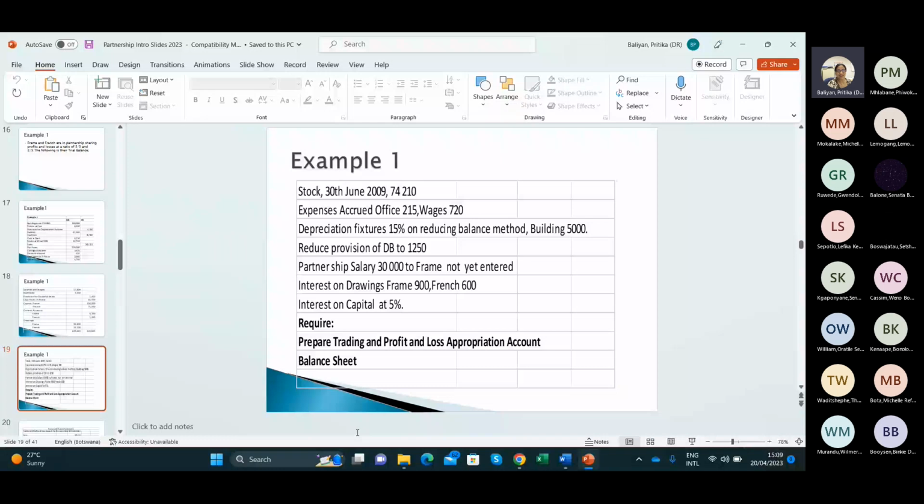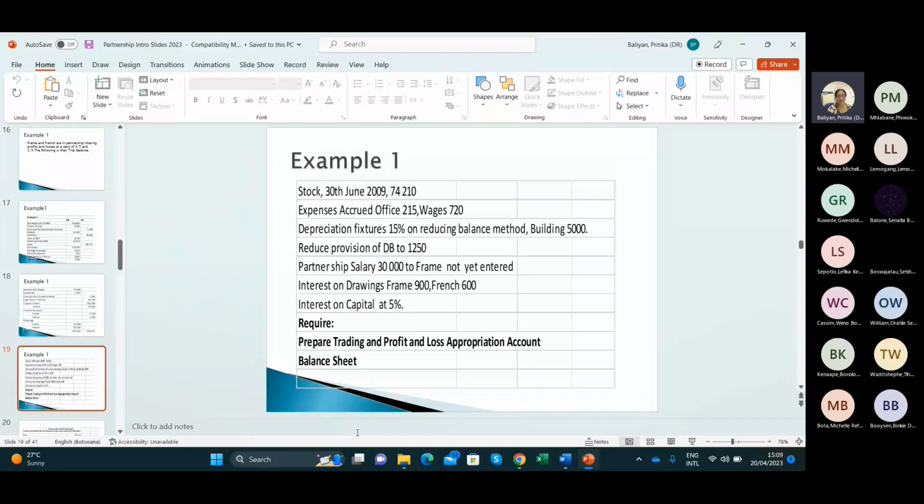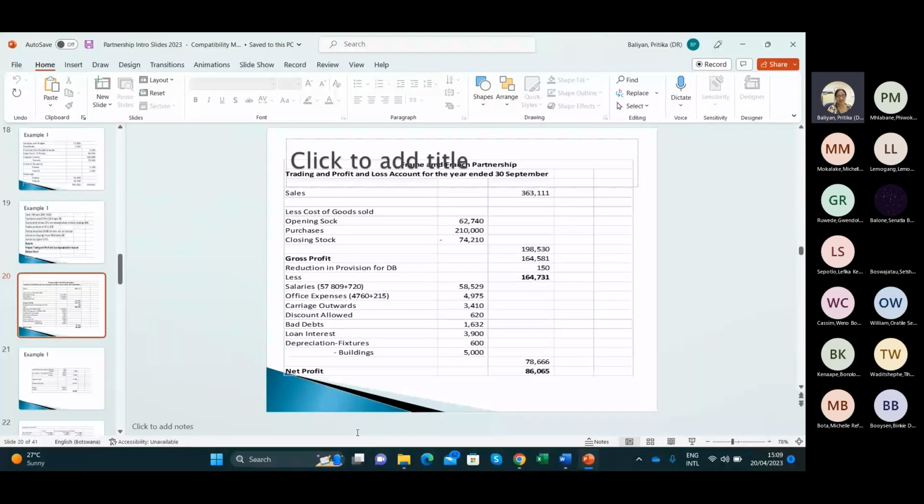Reduced provision on bad debts by 1,250. Partnership salary 30,000. So all this information we consider while we are preparing this income statement, right?